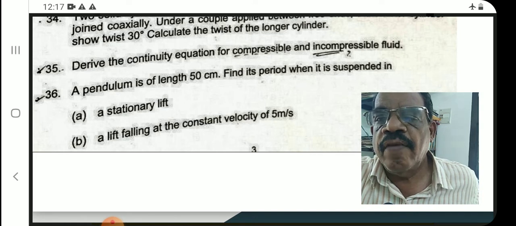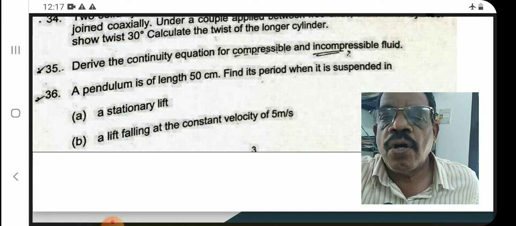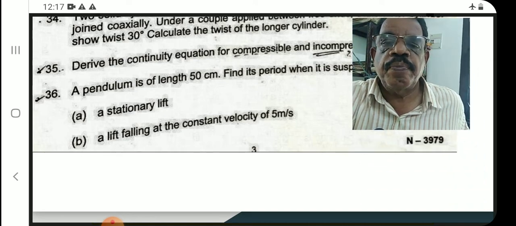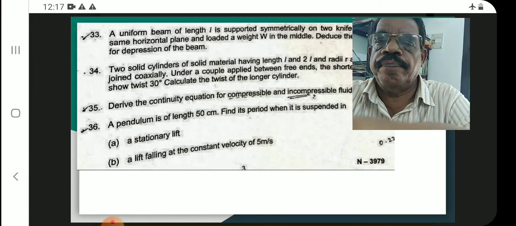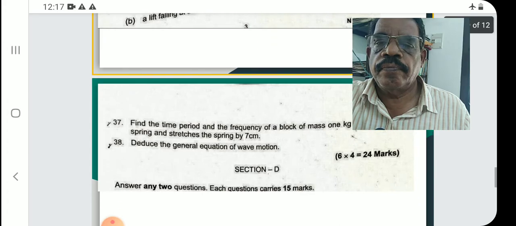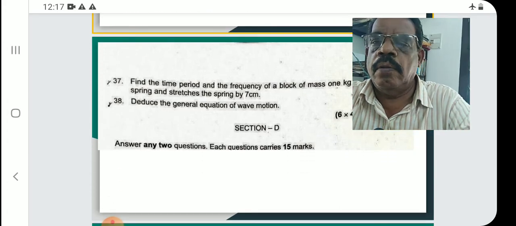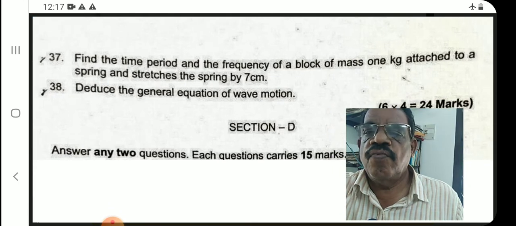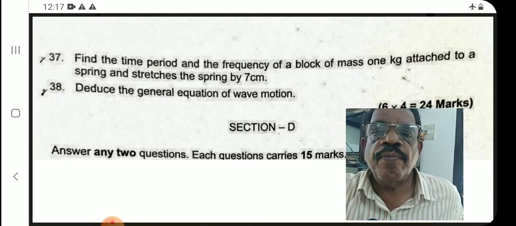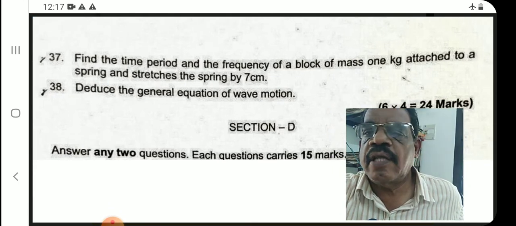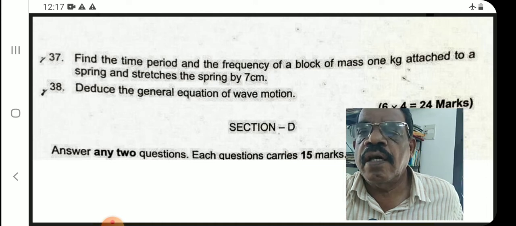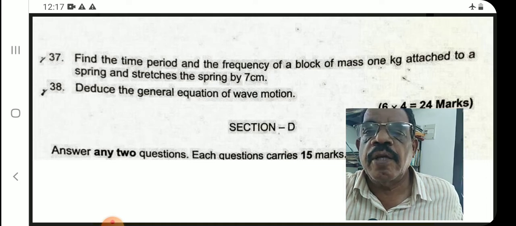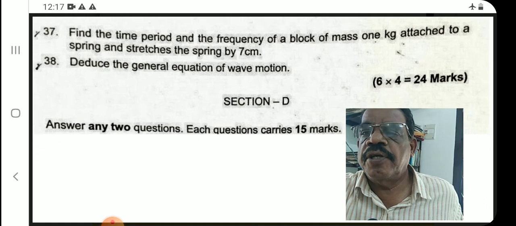B, a lift falling at a constant velocity of 5 meters per second. Next problem, find the time period and frequency of a block of mass 1 kilogram attached to a spring and stretches the spring by 7 centimeter.